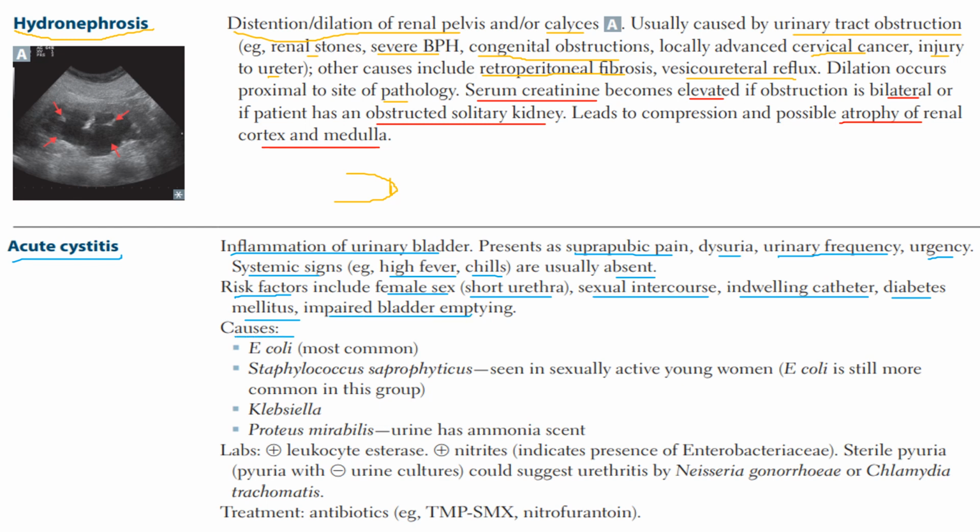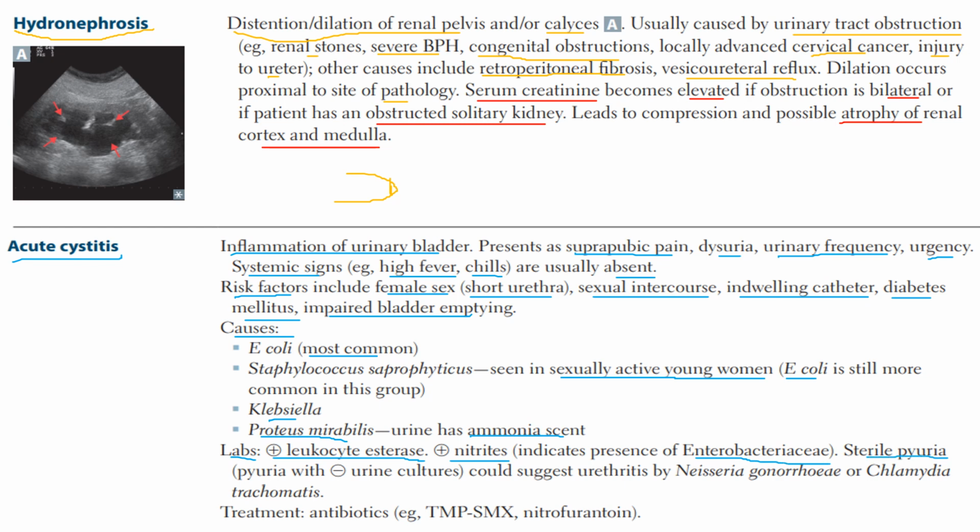Causes include E. coli, which is the most common, Staphylococcus saprophyticus, seen in sexually active young women, although E. coli is still more common in this group, Klebsiella, and Proteus mirabilis. Urine has an ammonia scent. Laboratory findings include positive leukocyte esterase and positive nitrites, which indicate the presence of Enterobacteriaceae.